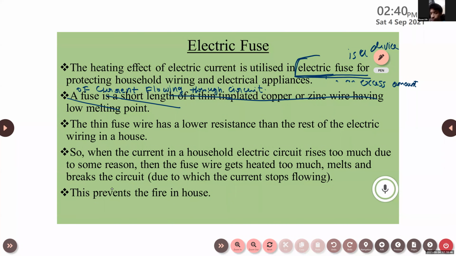And the third point, you can write: a thin fuse wire with a lower resistance and lower melting point.